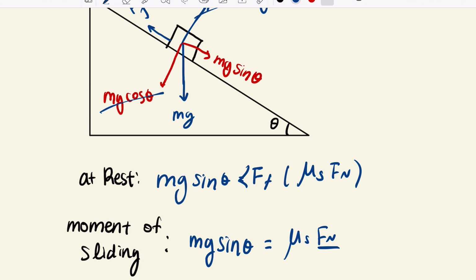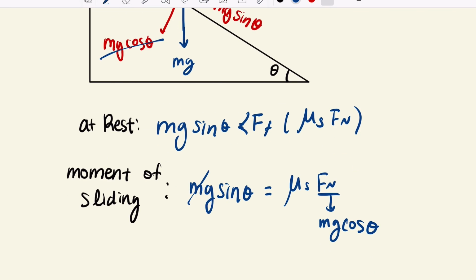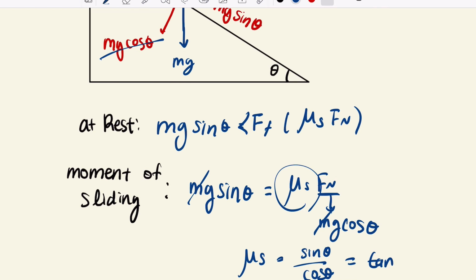But we know that Fn here is mg cos theta. So this would be mu s mg cos theta. And we can delete the m's from each side, and therefore we know that mu s equals sine theta over cos theta, which is equal to tangent theta.